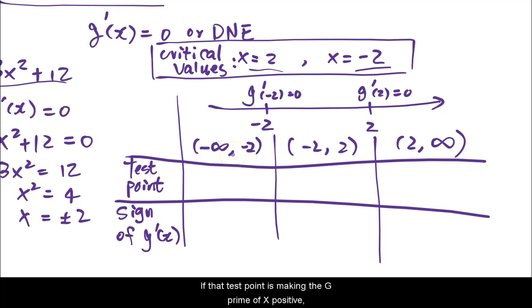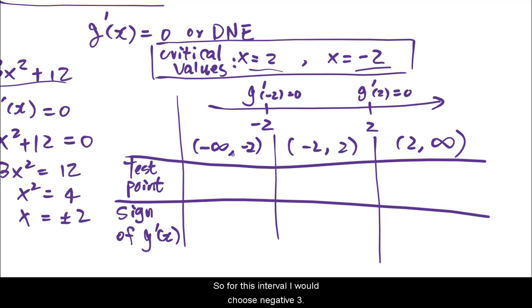If that test point makes g prime of x positive, then the whole interval will make g prime of x positive. Similarly, if that test point makes g prime of x negative, then the whole interval will also be negative.